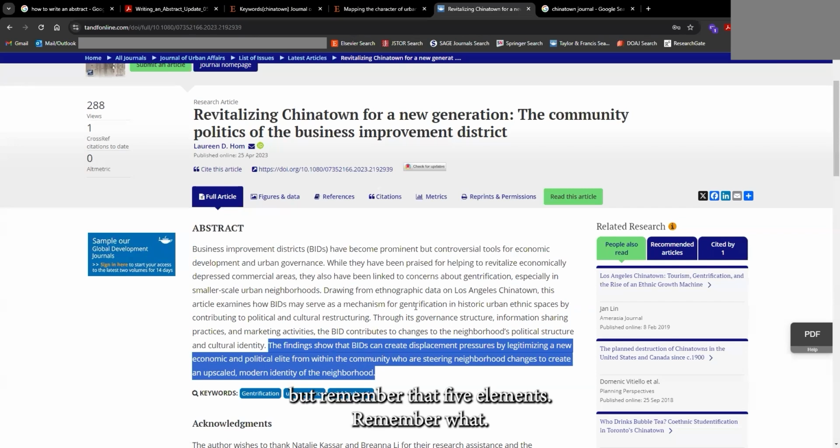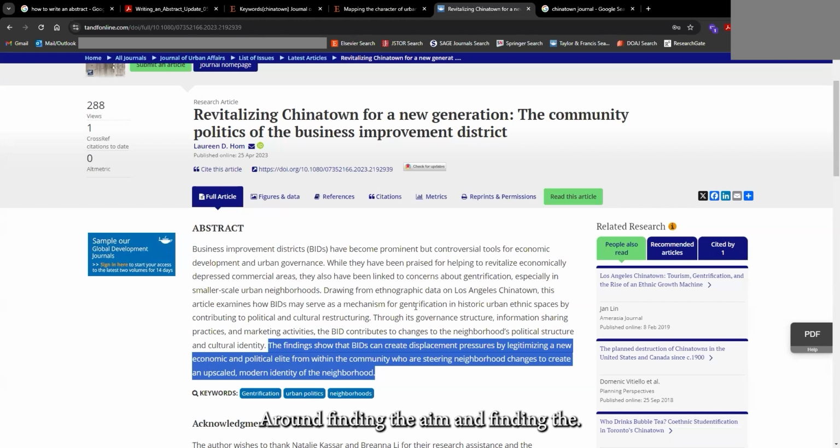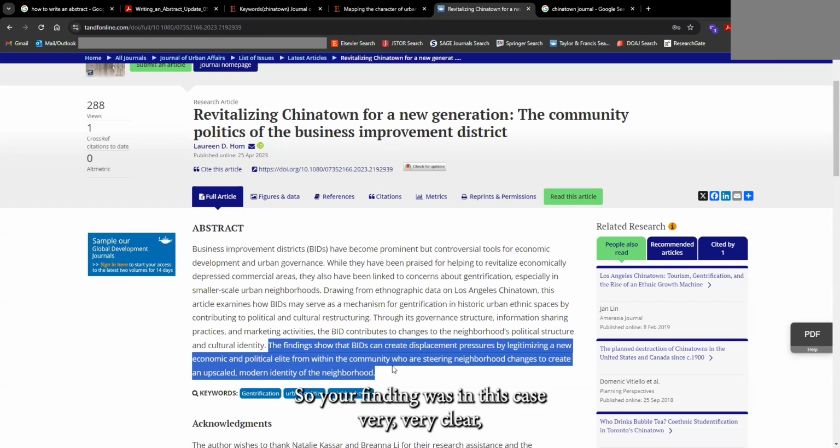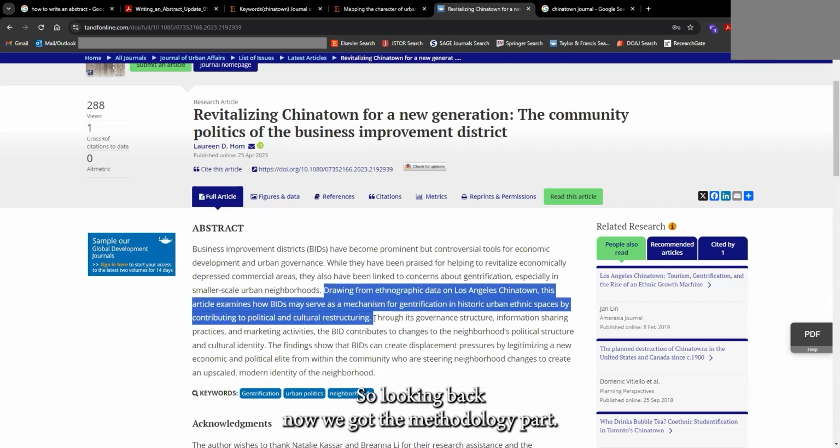But remember the 5 elements, remember what we said about finding the aim and finding the methodology. So your findings in this case are very clear, but your implications are not so much listed in this abstract here, okay? Looking back, now we've got the methodology part.